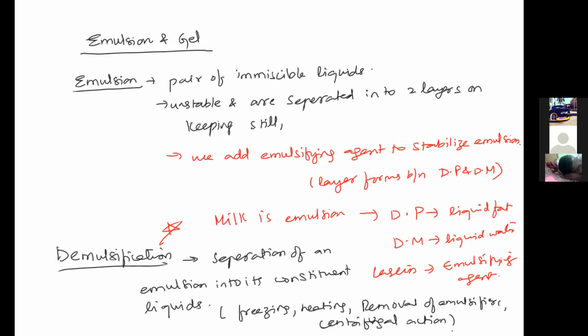I'll just write it. Types of emulsions. I'm clearing this. We have two types of emulsions. We'll be done with the chapter in the next 10 minutes. One is oil in water. Next is water in oil emulsion.